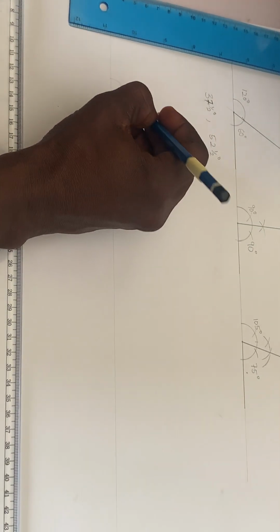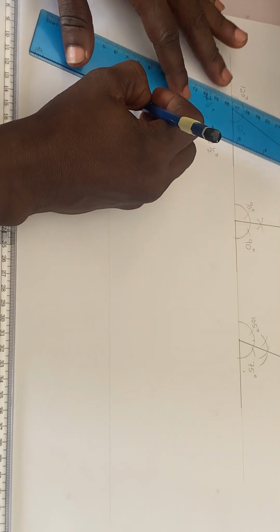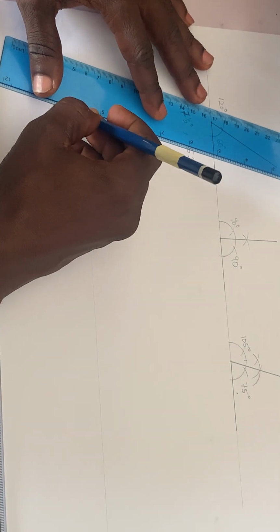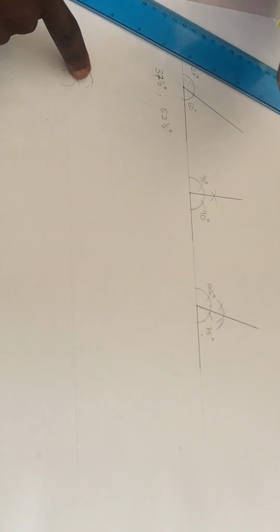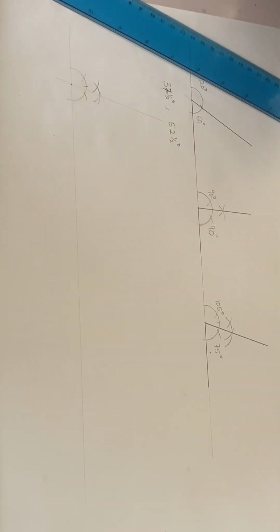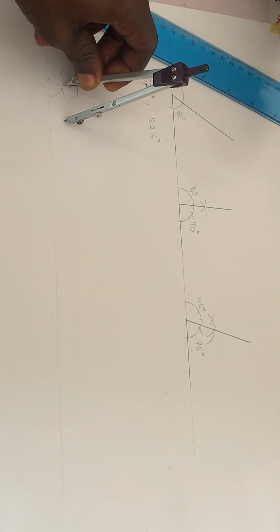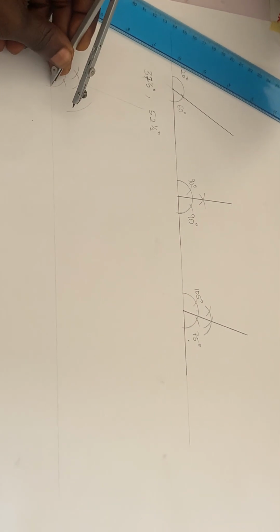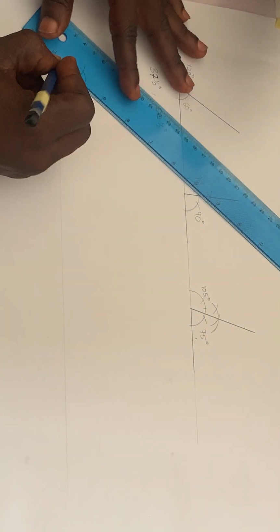So this way. This one gave us 75, right? So join it with a faint line because I don't need 75. Okay? Then this 75, I have to bisect it. Put it here. Cut. Put it here. Cut. So this is my 37.5.